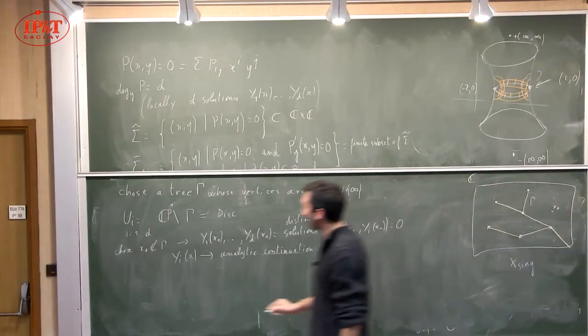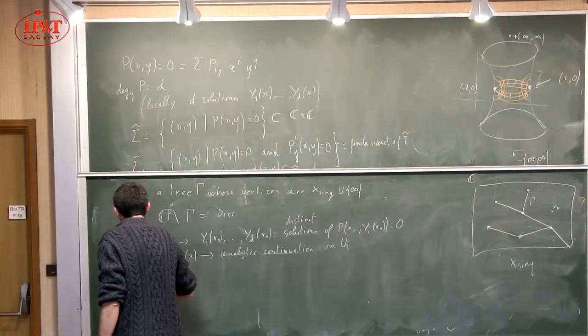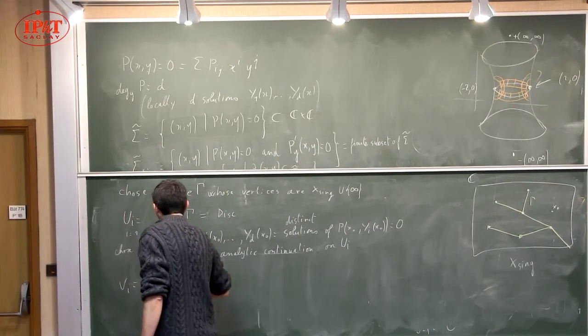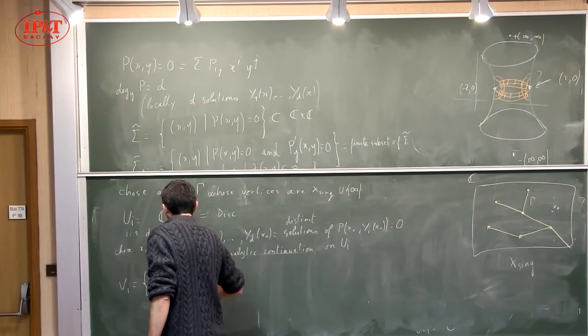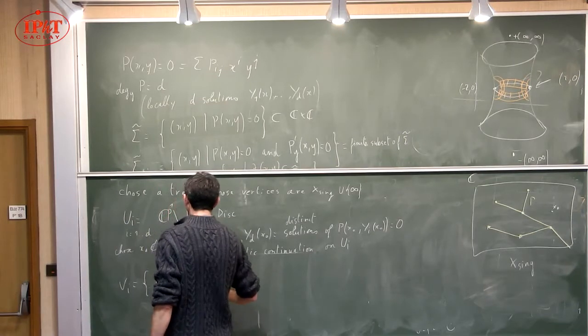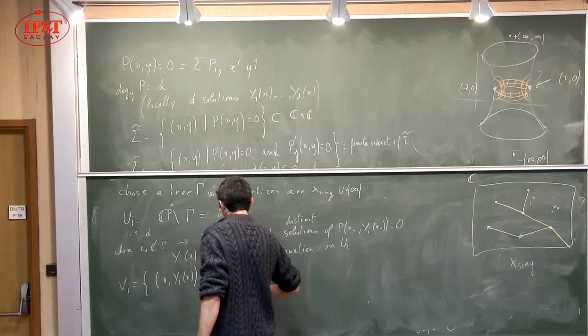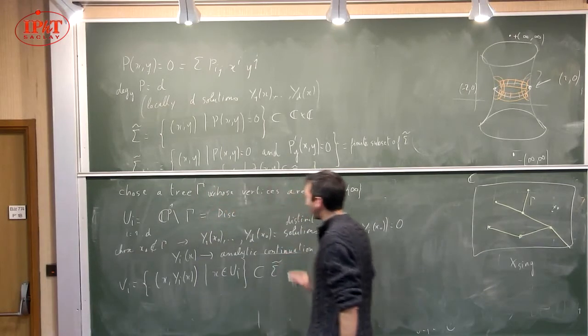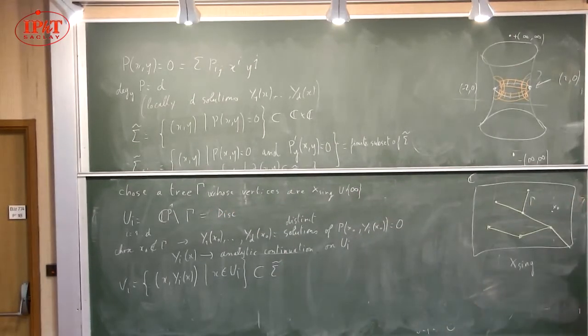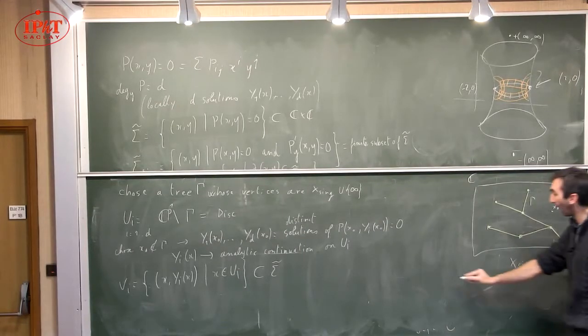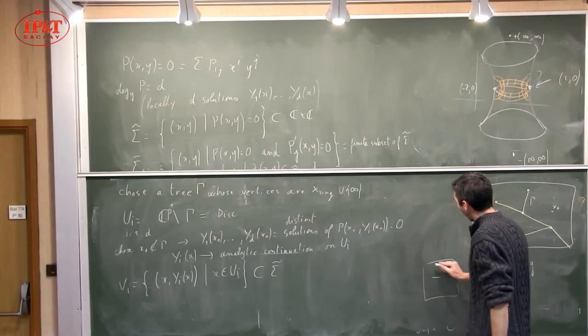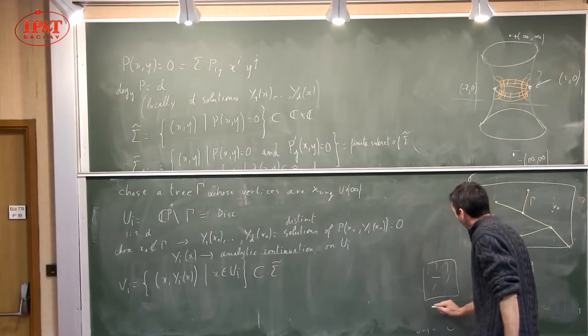So now if you take V_i, the set of points x, y_i of x, for x belonging to U_i, this is included in sigma tilde. This is the equivalent of what I called V plus and V minus that were outside of my segment before.